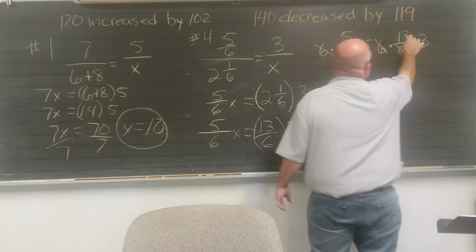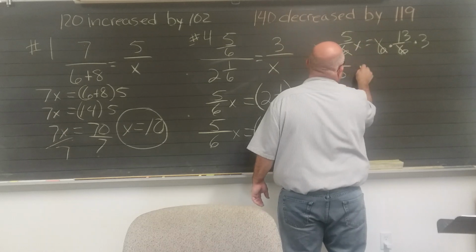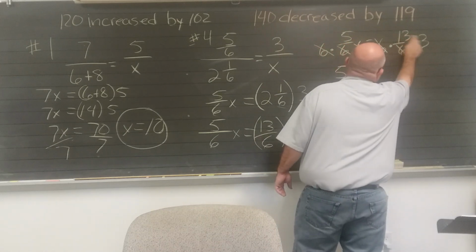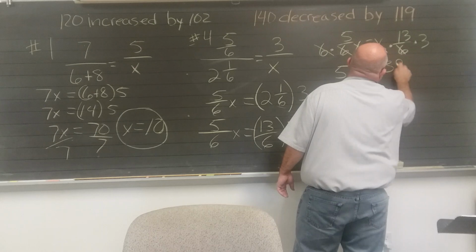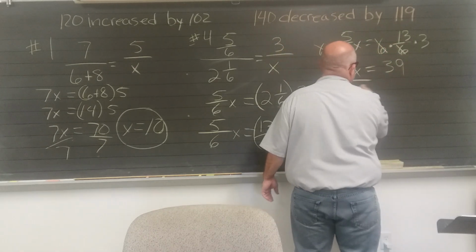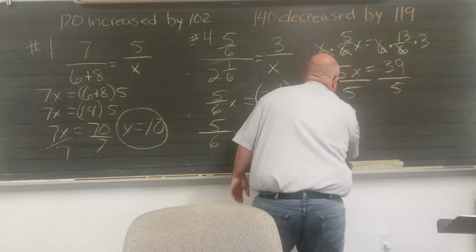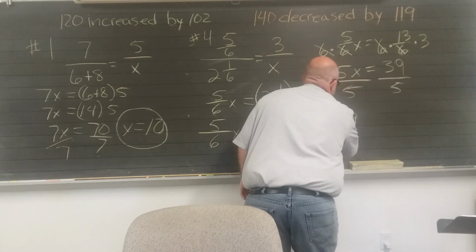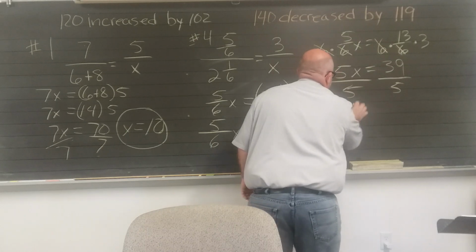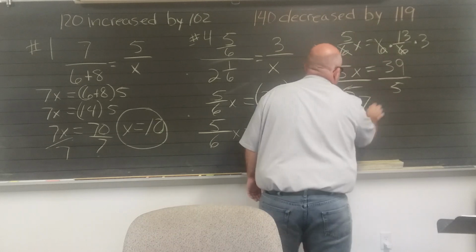Now over here you have 13 times 3. Now over here you just have 5x. 5x equals 13 times 3, 39. Divide those by 5. What is 39 divided by 5? 39 divided by 5, make the remainder a fraction, 7 and 4/5.